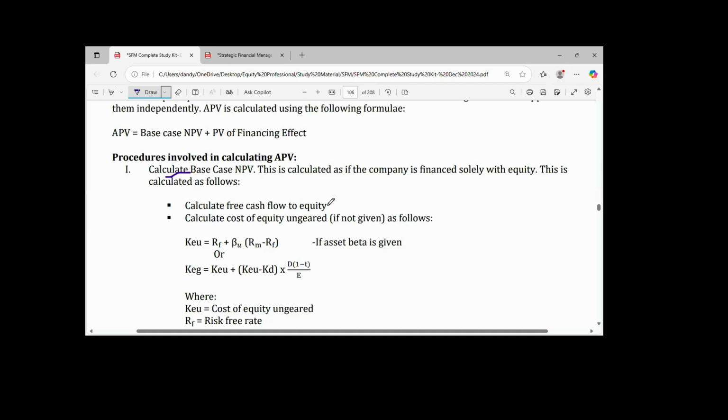It's the same thing that you are going to do when you are calculating base case NPV. The same way you calculate your net cash flow under NPV is the same way you are going to do it under the base case NPV.